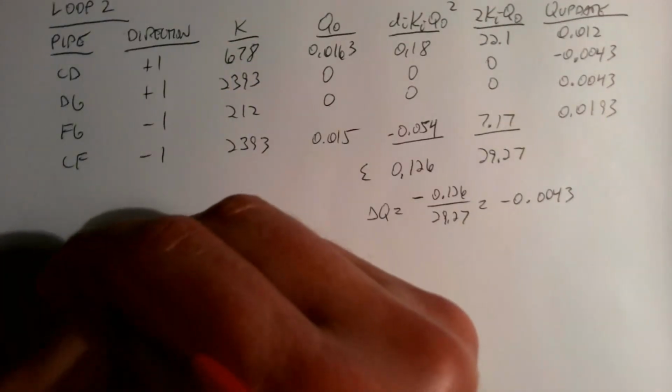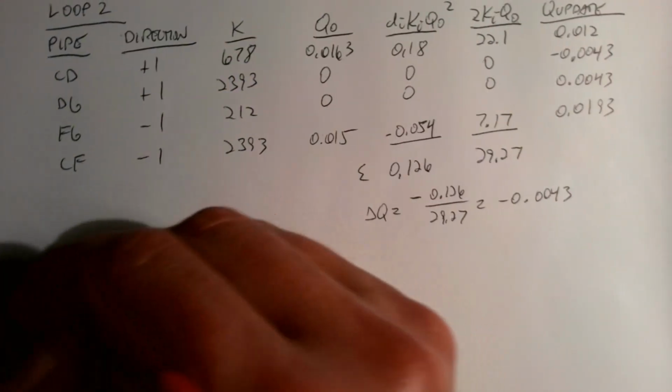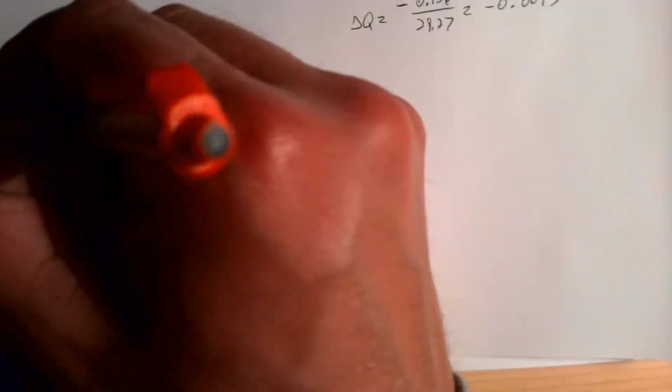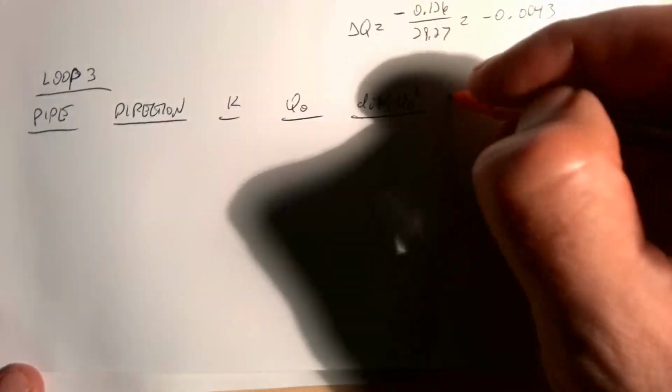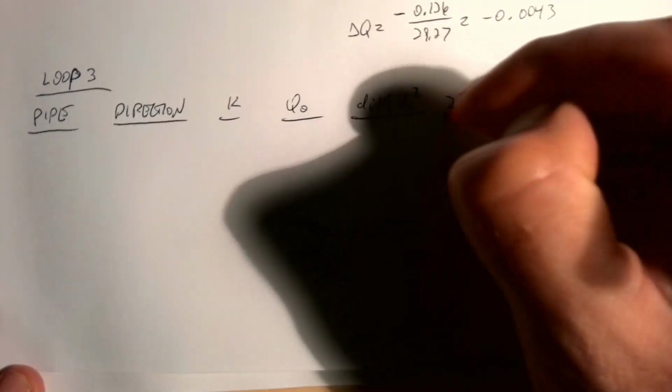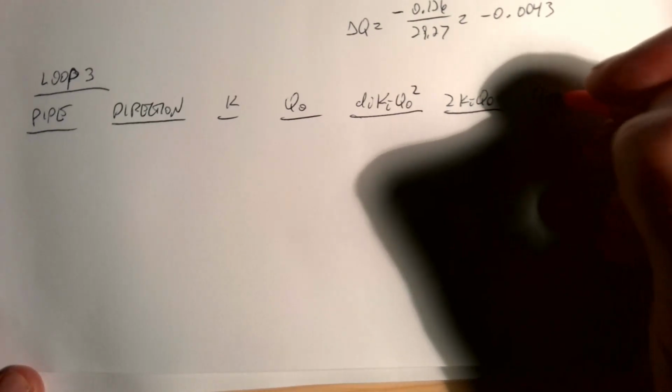So loop 3, we have, once again, the pipe direction, our K value, our initial flow, our first term for our correction factor, and then the second one, and then our updated value.